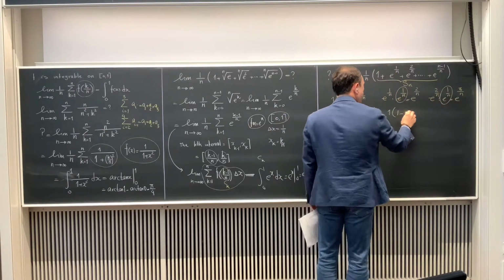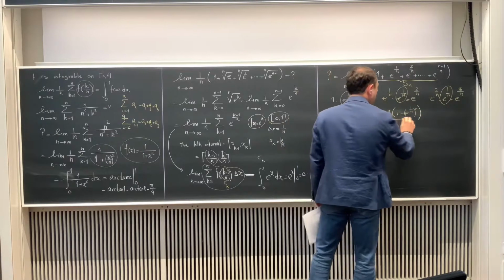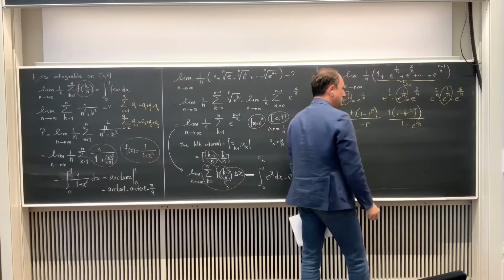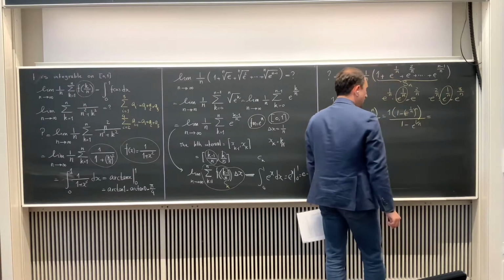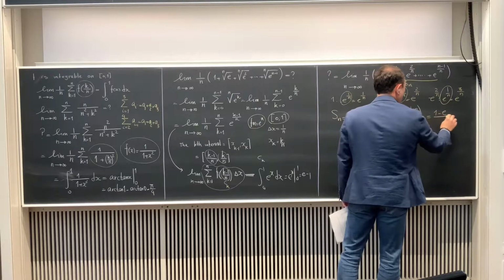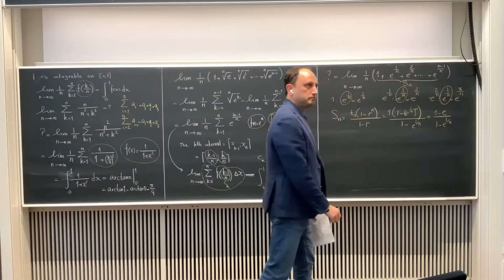So it is e to power 1 over n, and then I have it to power n, and then divided by 1 minus r, which is this one. Okay, let us simplify that. It becomes 1 minus e, divided by 1 minus e to power 1 over n.